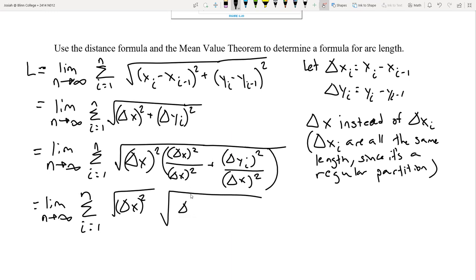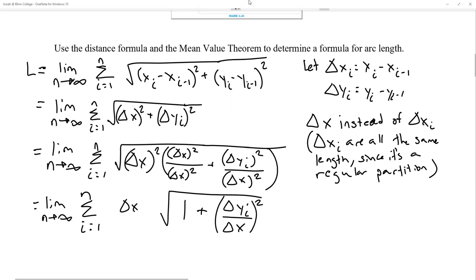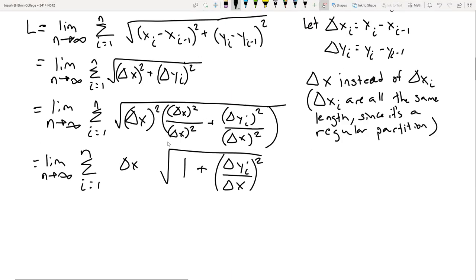And this is 1 here. And we've got delta y sub I over delta x. And now this whole thing is being squared instead. And the square and square root cancel over here. All right.